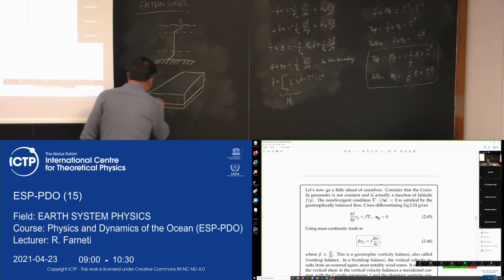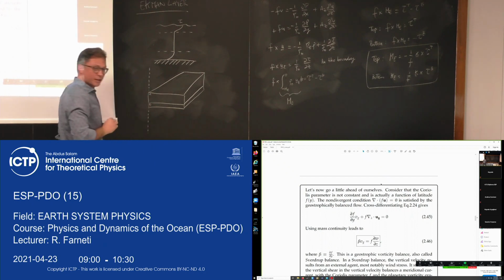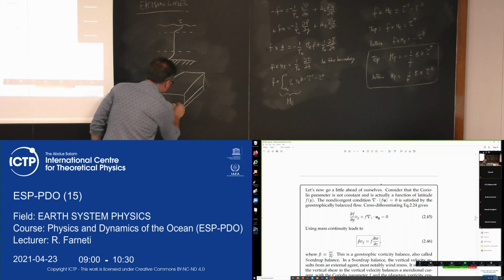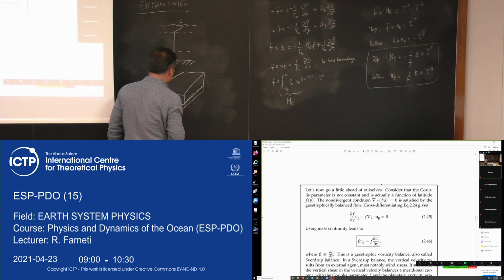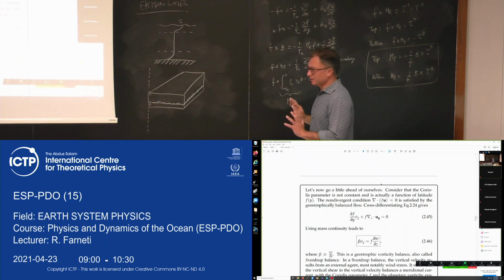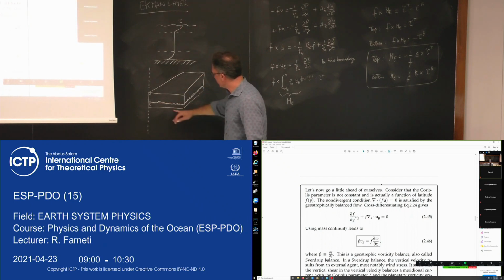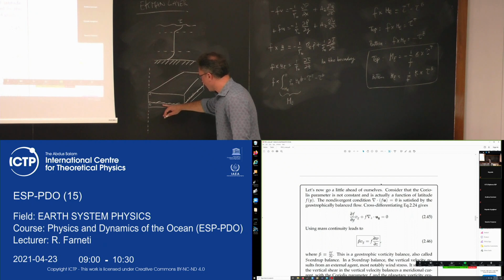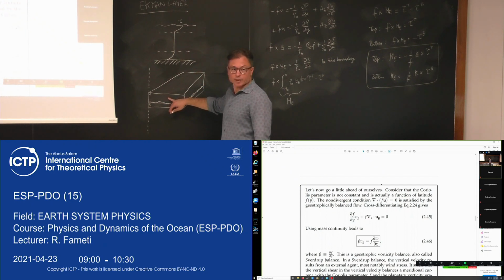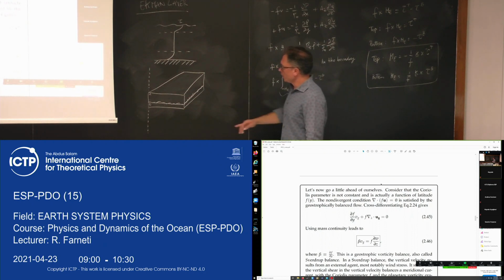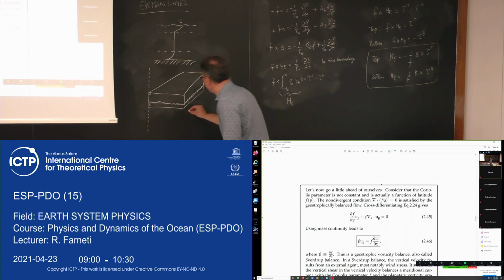This is the atmosphere, and this is the ocean, and this is the surface of the ocean. So the atmosphere on top and the ocean at the bottom. This would be the Ekman layer in the ocean, and this is the Ekman layer in the atmosphere. Of course, for the atmosphere it is a bottom Ekman layer, and for the ocean it is a top Ekman layer.